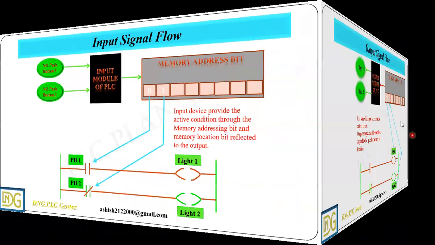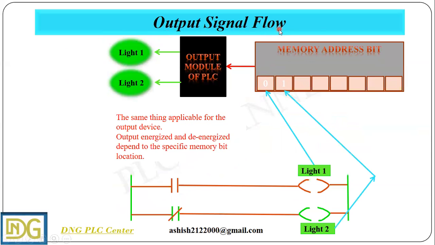So in the next slide, our output signal flow. Can you explain it to me? Okay, the signal flow. When the push button in the first rung is not pressed, our memory bit will be 0, which will send a signal to the output module, and then to the field devices.